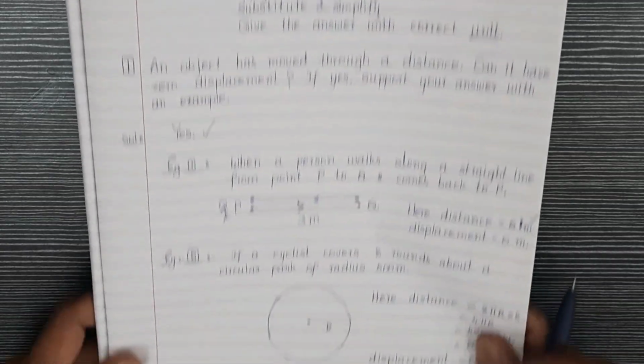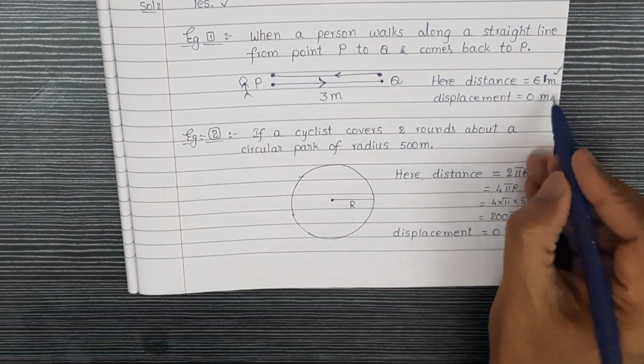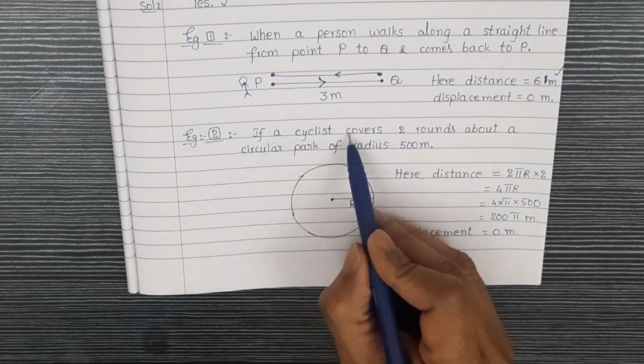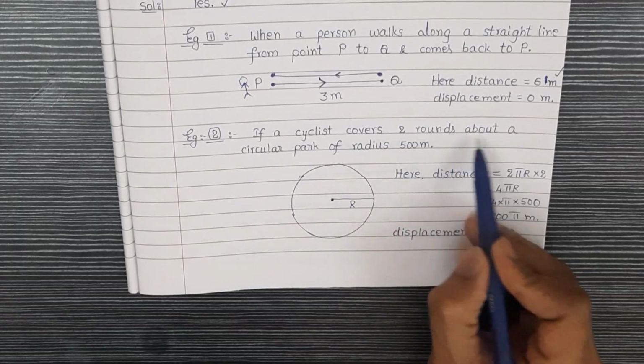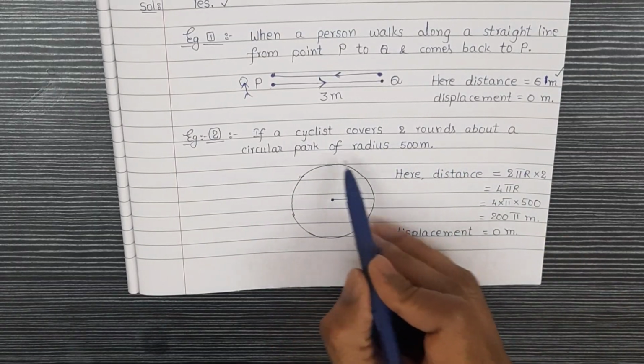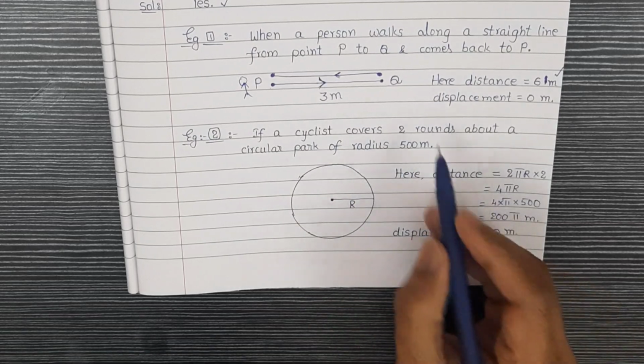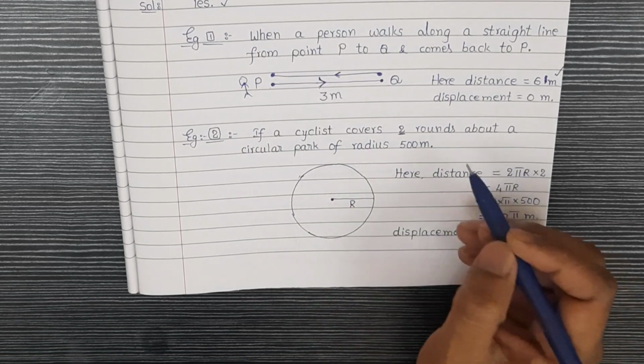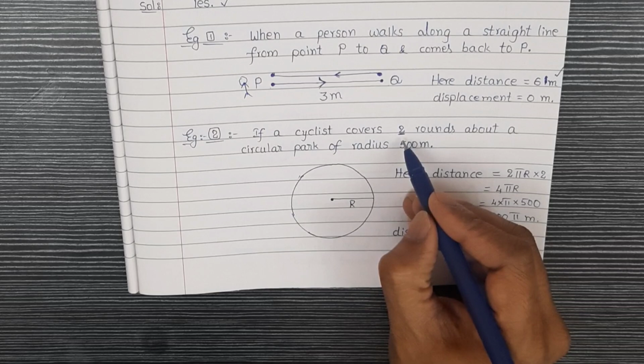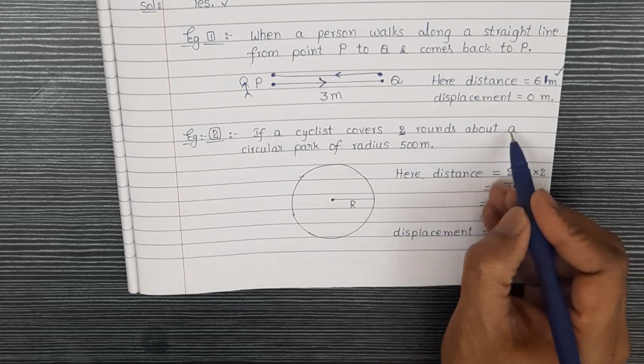Coming to another example, suppose a cyclist covers 2 rounds about a circular park of radius 500 meter. It can be any number of rounds, but it has to be a full round, N number of rounds we can say.